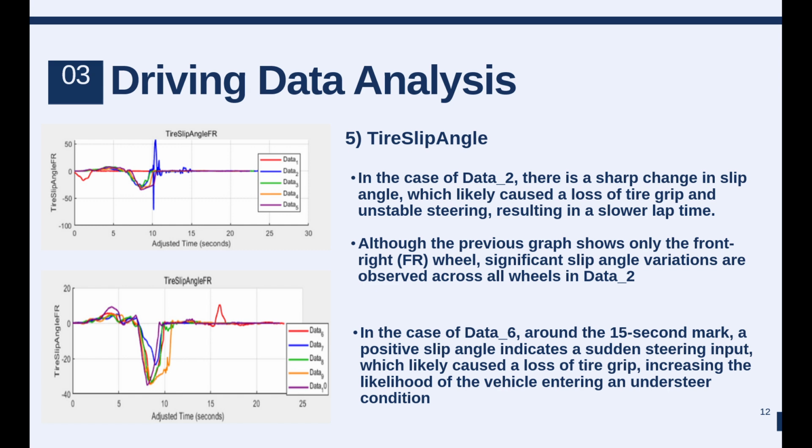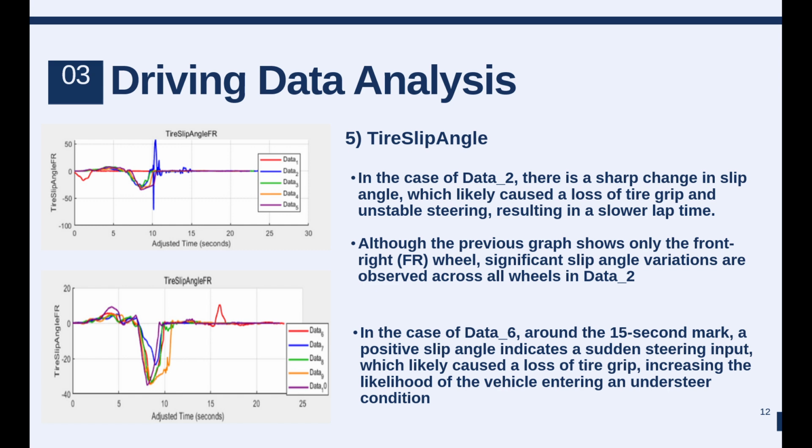On the other hand, in data 6, a positive slip angle change was observed around the 15-second mark, causing partial tire grip loss. However, the degree of change was smaller compared to data 2.